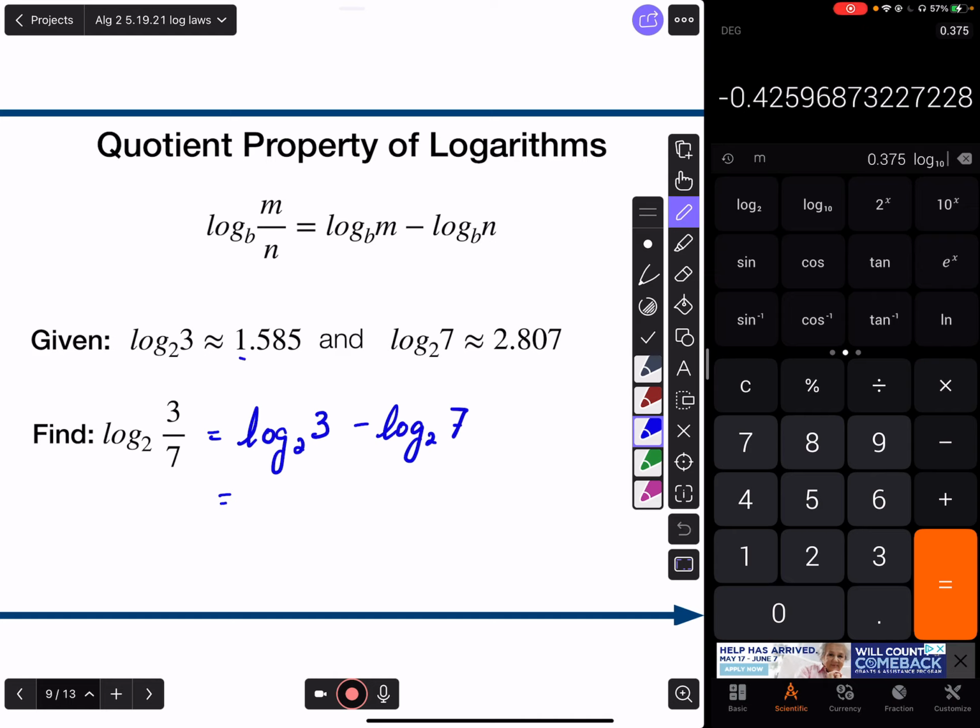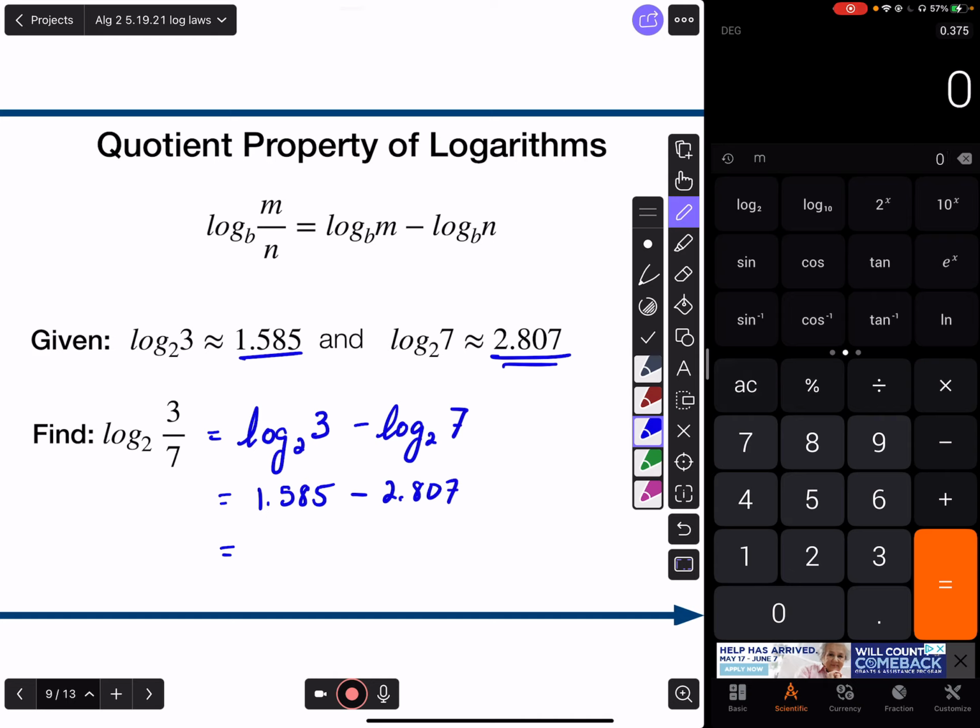Log base 2 of 3 is 1.585 minus log base 2 of 7, which is 2.807. Grab your calculator to get your final result: 1.585 minus 2.807. So there we go. We solved that problem.